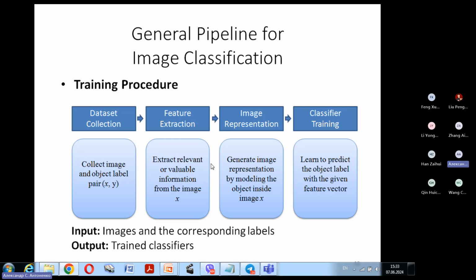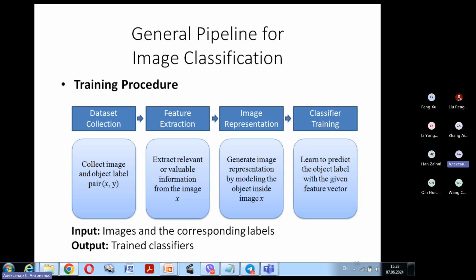Then we should extract relevant or valuable information from the image. So features. This is feature extraction. It can use both traditional techniques, like those based on edge detection, or if more complicated, SIFT, or maybe deep learning.